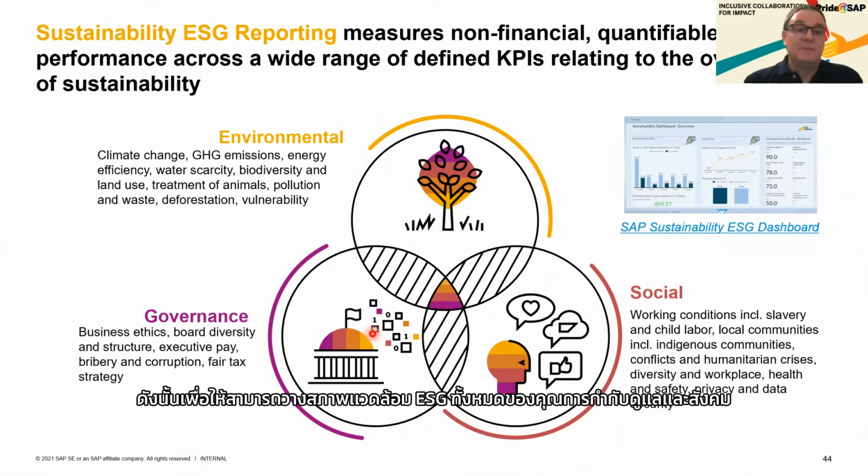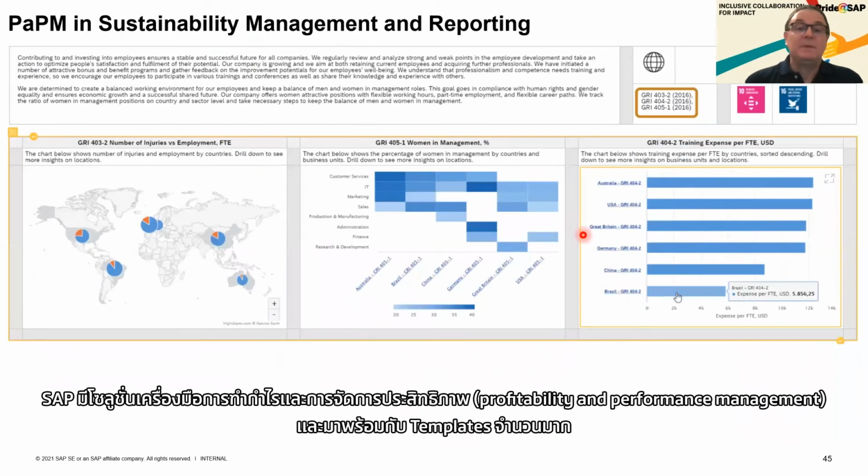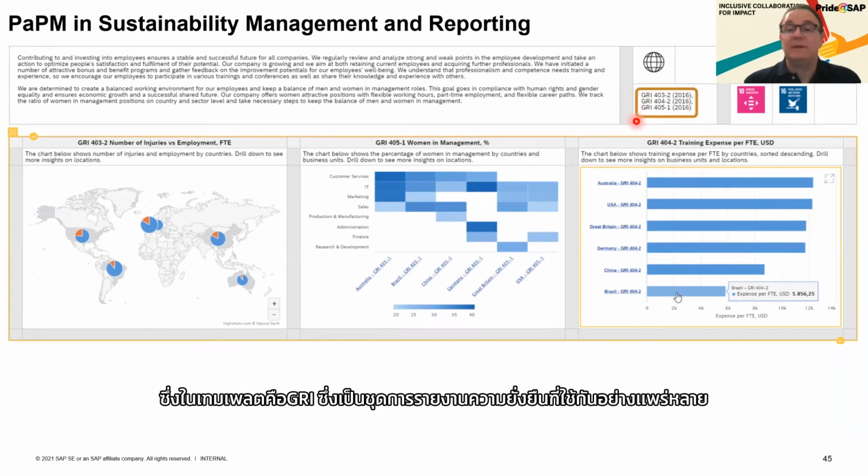So to be able to report on all your ESG: environment, governance, and social. SAP has a tool, Profitability and Performance Management, and it comes with a number of templates. One of the templates is GRI, which is a sustainability set of reporting that is relatively widely used.